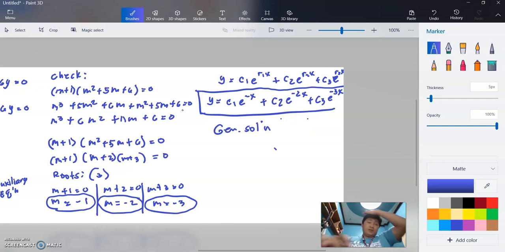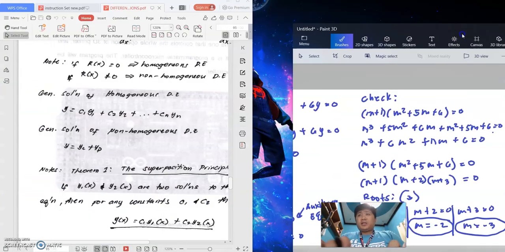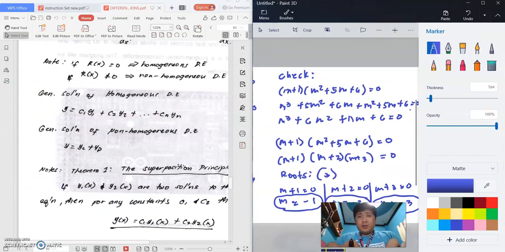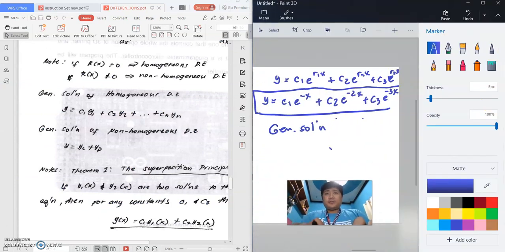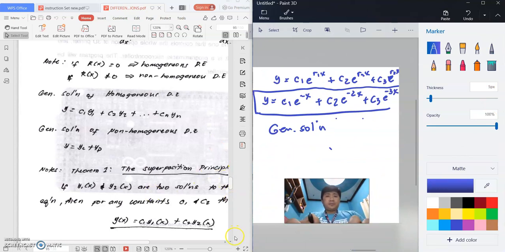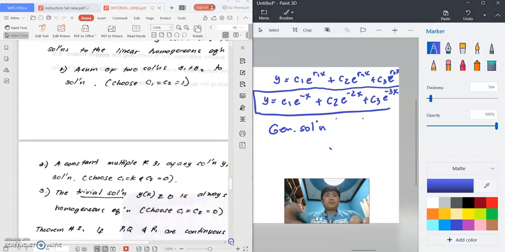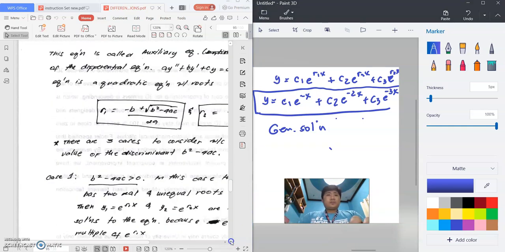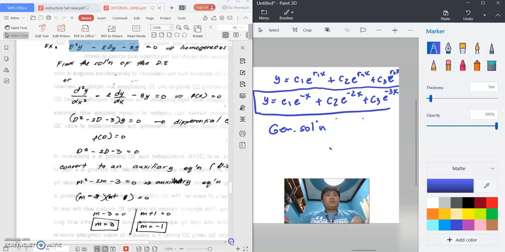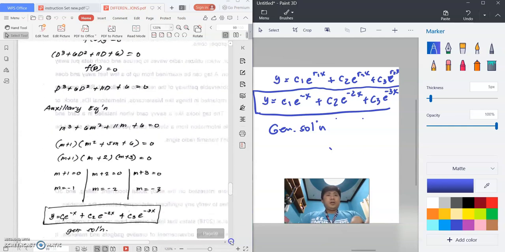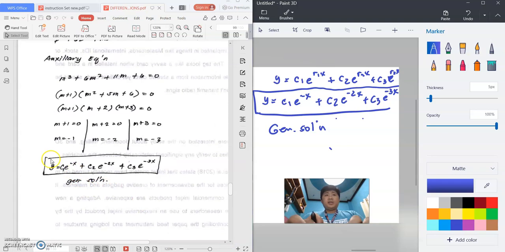Let's try to check. Okay. So our general solution is y equals c sub 1 e raised to the power negative x plus c sub 2 e raised to the power negative 2x plus c sub 3 e raised to the power negative 3x. So therefore, our general solution is correct.